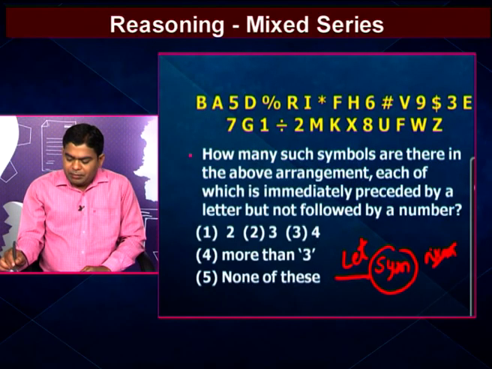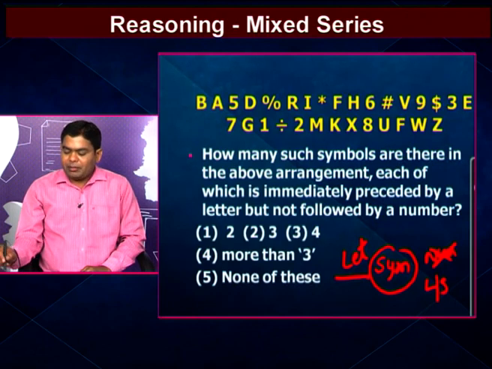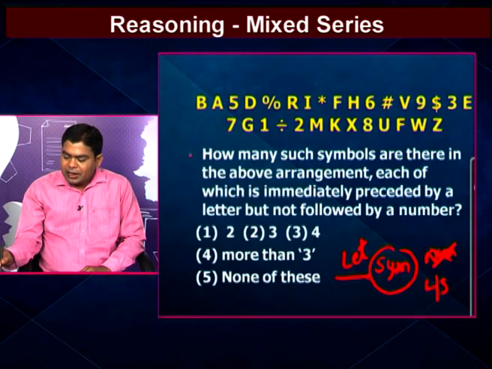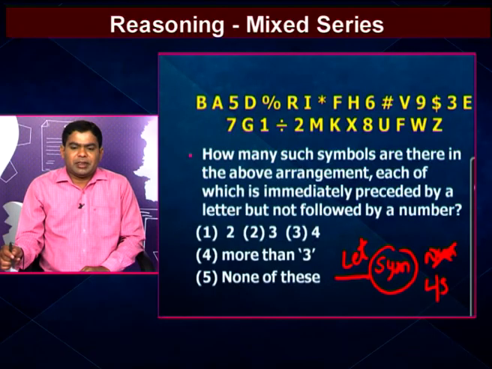The symbol must be preceded, meaning on the left side, by a letter, but not followed by a number, meaning followed by either a letter or a symbol. So the left side must be a letter, and the right side must be either a letter or a symbol, then we count those symbols.